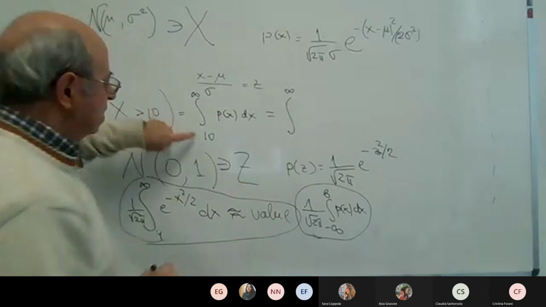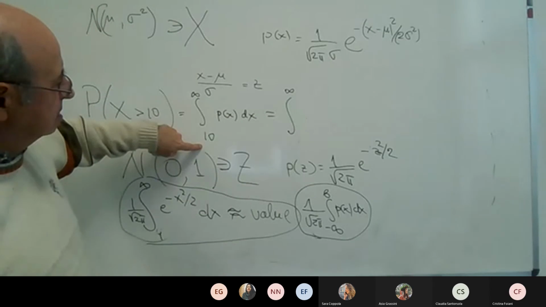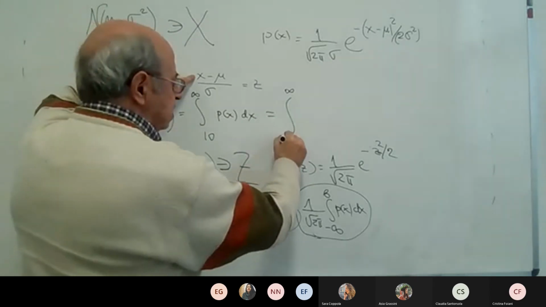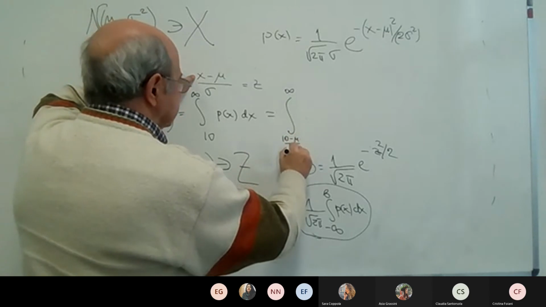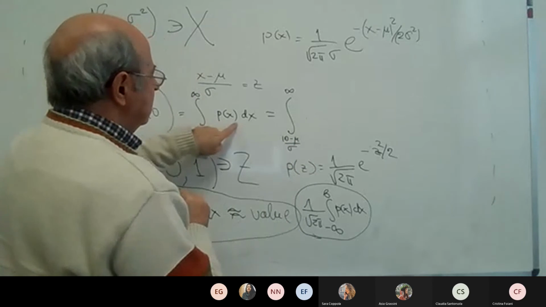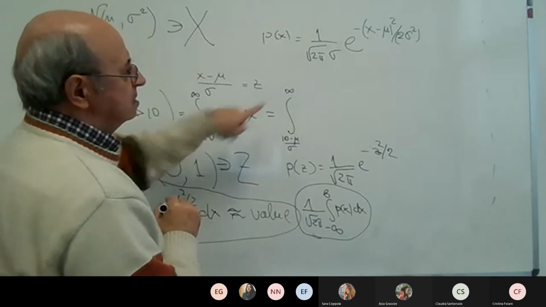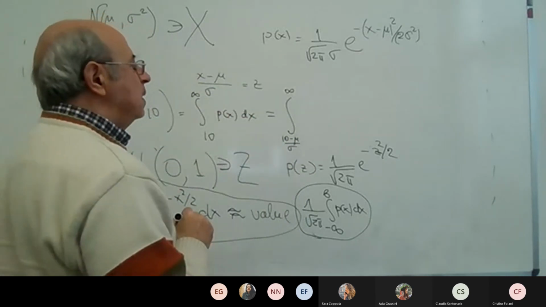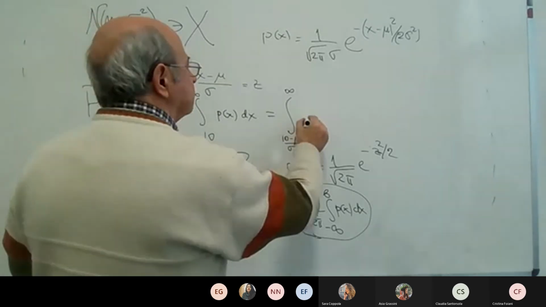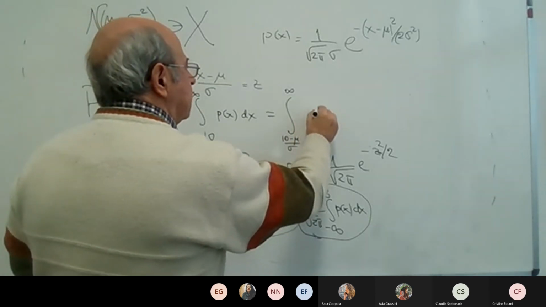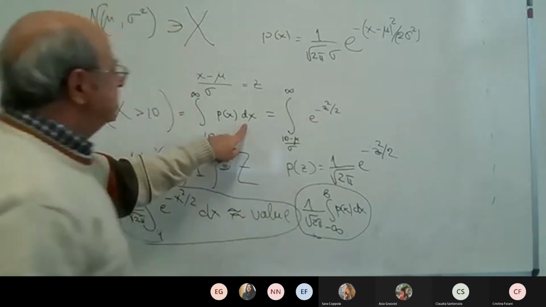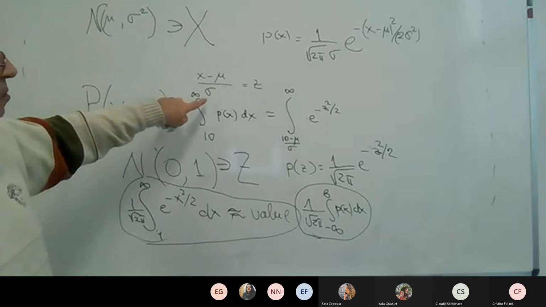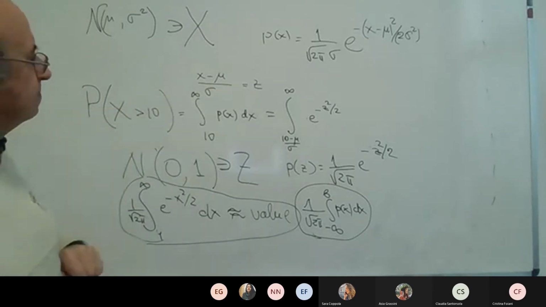When x is 10, zeta shall be (10 minus mu) over sigma. Then I have to change variables in the integrand, so we shall have e to the power minus zeta squared divided by 2, and dx will be sigma d zeta.